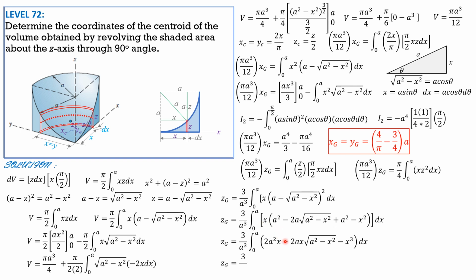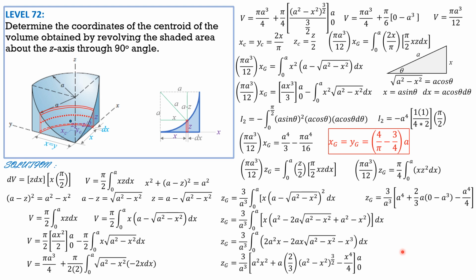So 3 over a cubed, integral from 0 to a of 2a squared x minus 2ax square root of a squared minus x squared, then minus x cubed dx. G sub z is 3 over a cubed, then this is a squared x squared plus a, remember the integral of this is 2/3 (a squared minus x squared) to the 3 halves, then minus the integral of x cubed, which is x to the 4th over 4, from 0 to a.